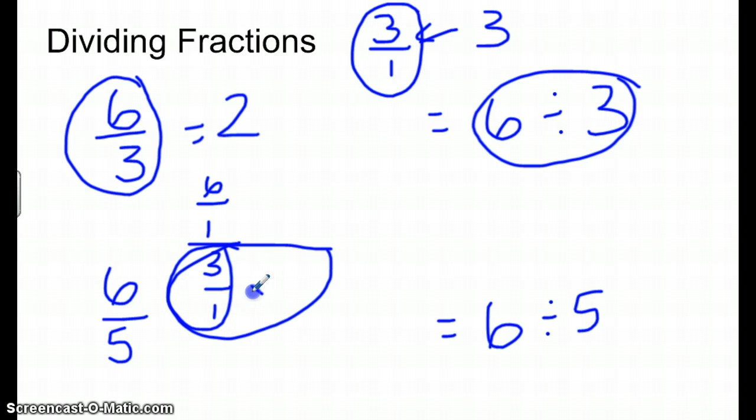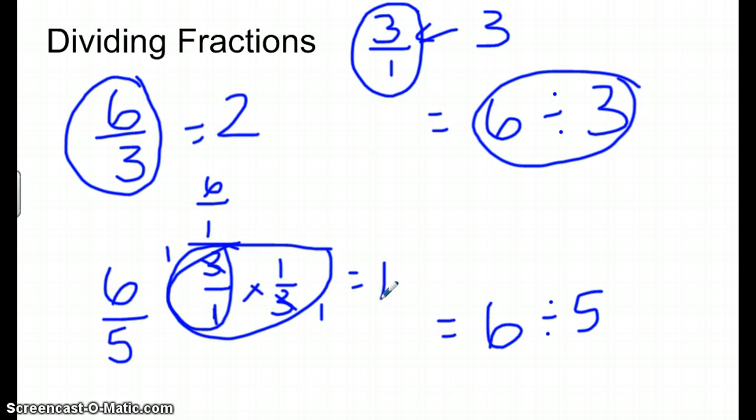So I know that I could cross-cancel the 3 if it was on the bottom. And this is already a 1, so the 1 and 1 would still be a 1. I can cross-cancel this 3 with this 3 and create a 1 here and a 1 here, and 1 times 1 is 1. So now I have 6 over 1, and then this whole thing down here is worth 1.